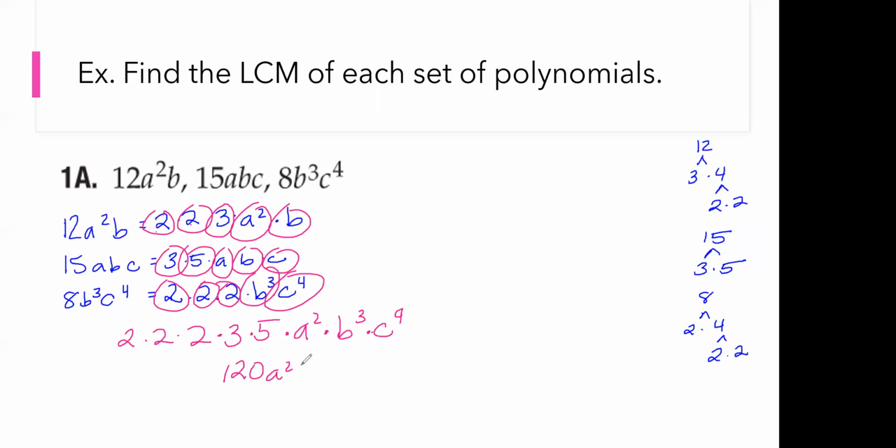And then we have a squared times b cubed times c to the fourth. And that is as far as we can go. So our least common multiple, remember, is all of the greatest factors multiplied together, and that would be 120 times a squared times b cubed times c to the fourth.